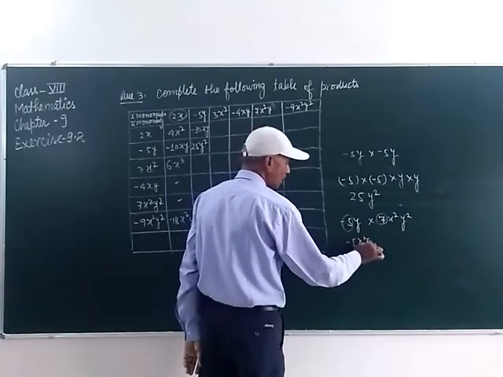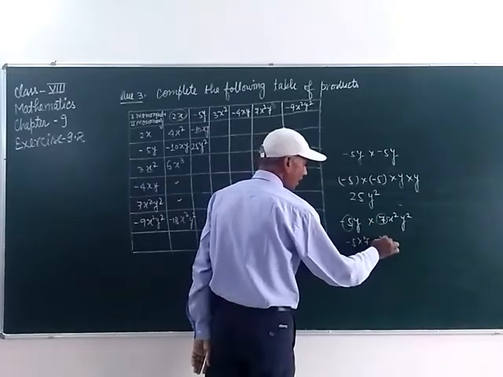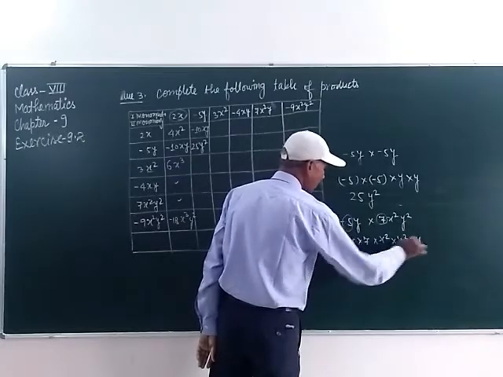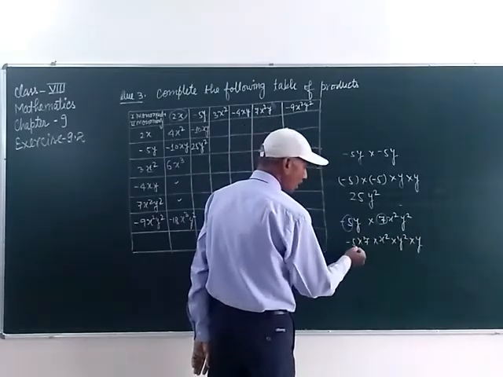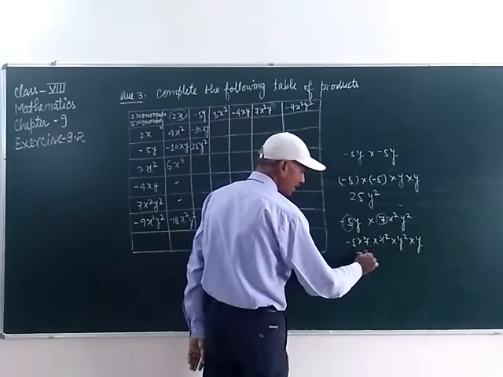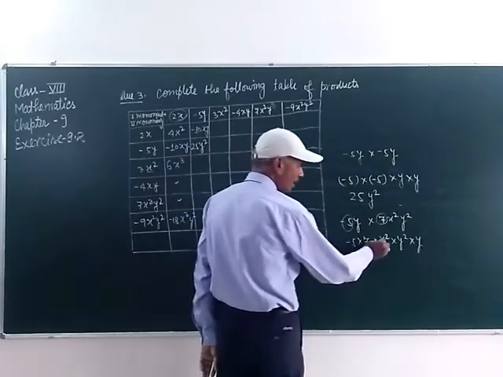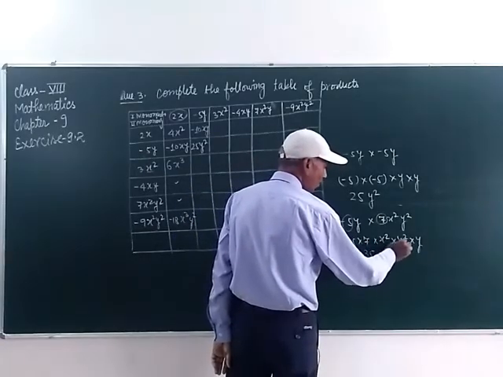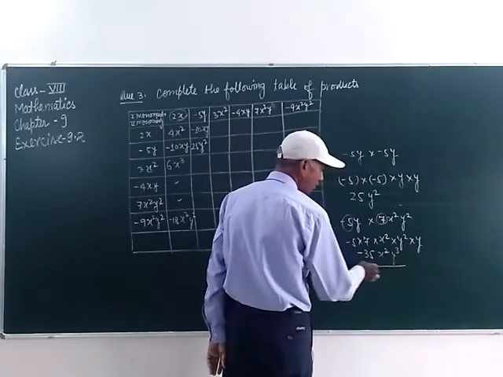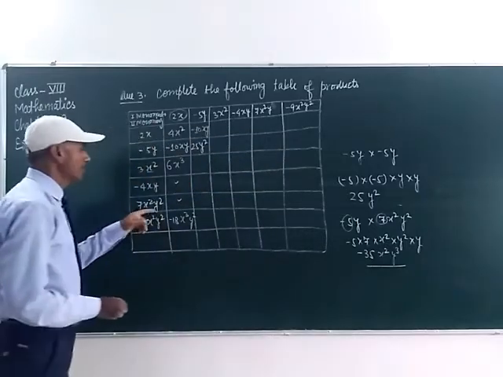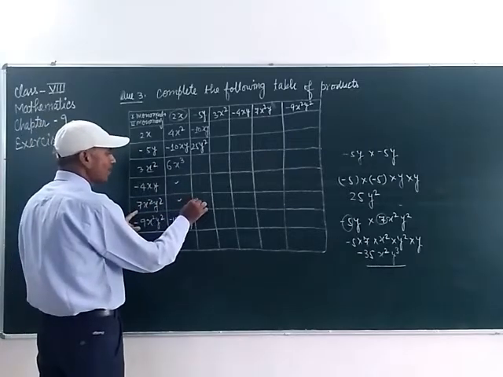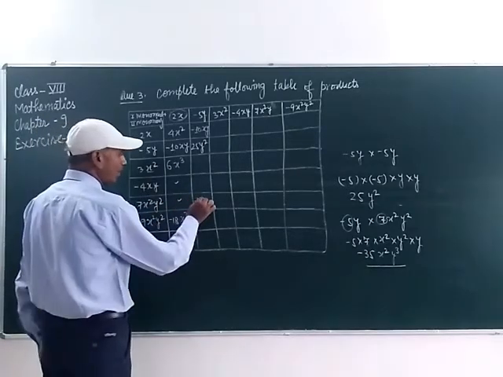Minus 5 into 7 into x square into y square into y, because this one is y. So minus 5 into 7, this one is minus 35, 7 5s are 35. This one x square, and y square into y will be y to the power 3 or y cube. So in this, student, here we have to write minus 35 x square y cube.